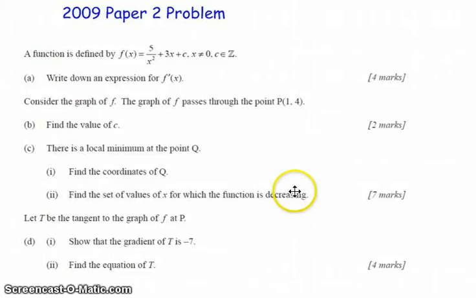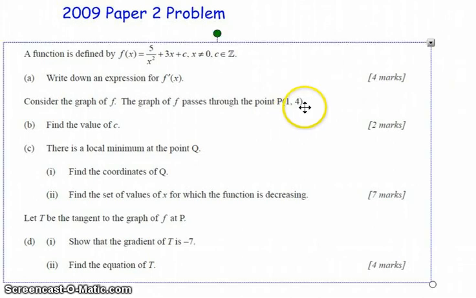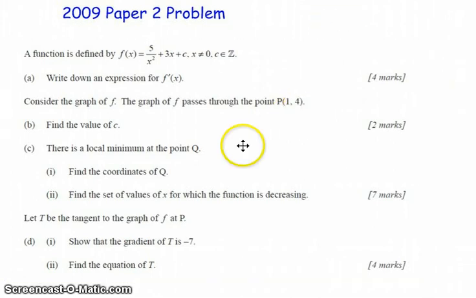It asks you to write down the expression for the first derivative, and it also asks you for the value c. Your c is missing over here, but you have a point here, given x is 1 and y is 4.